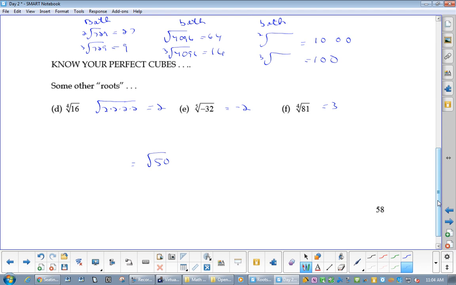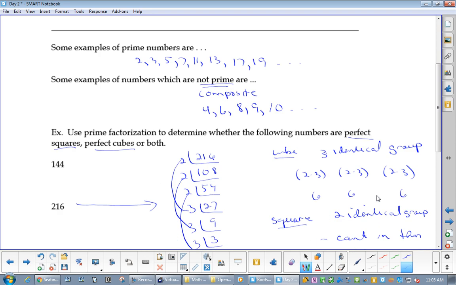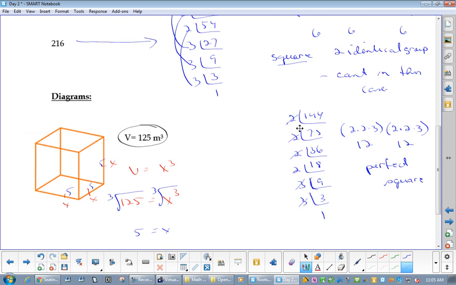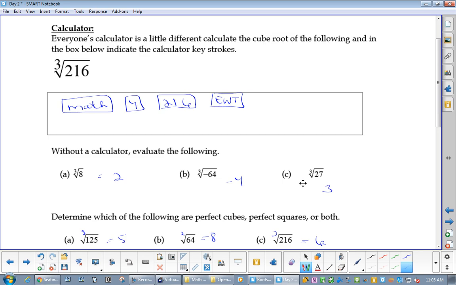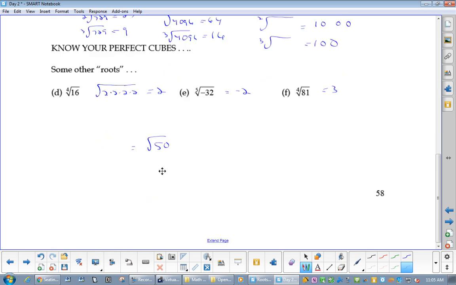So what you want to do is have factors in, so I don't do it this way. Okay, I'm not talking about this. You can do it this way, but it's very painful. If you know your perfect squares, this isn't so painful.